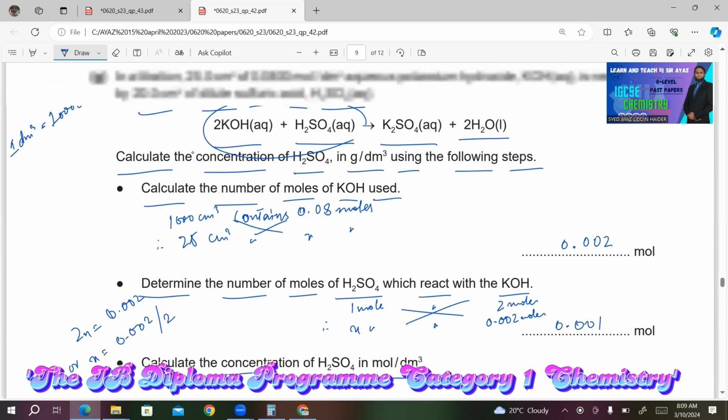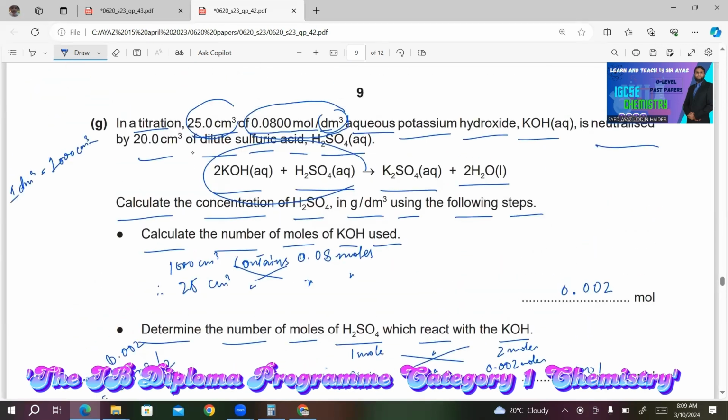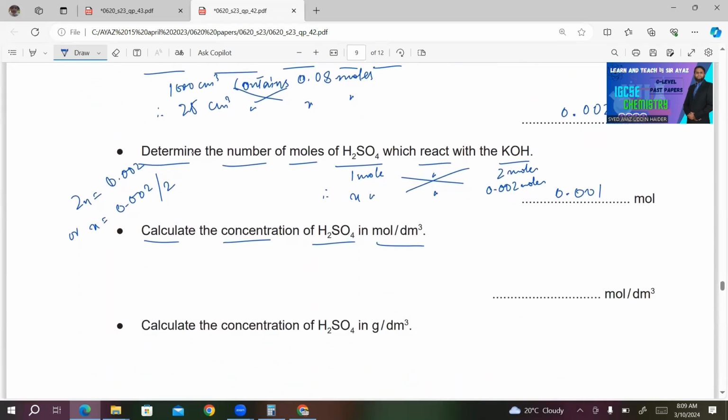Coming back to the question again, you can see 20 centimeter cube of sulfuric acid is used here. So these are the moles in 20 centimeter cube. So what will you write? 20 centimeter cube contains 0.001 mole.